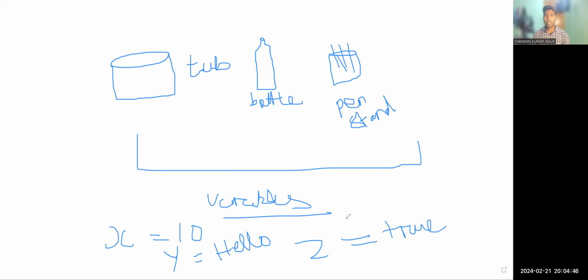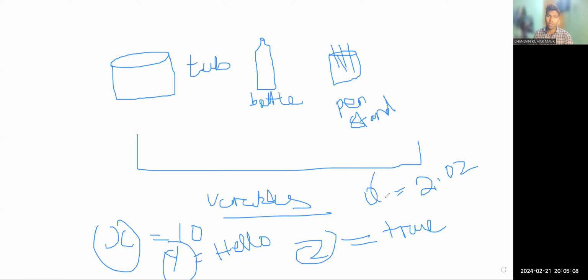And if I say another one, o equal to 2.02. In this way, you can try it in different ways. Here we have x, y, z, and o. These are the containers, and we can simply call them variables.